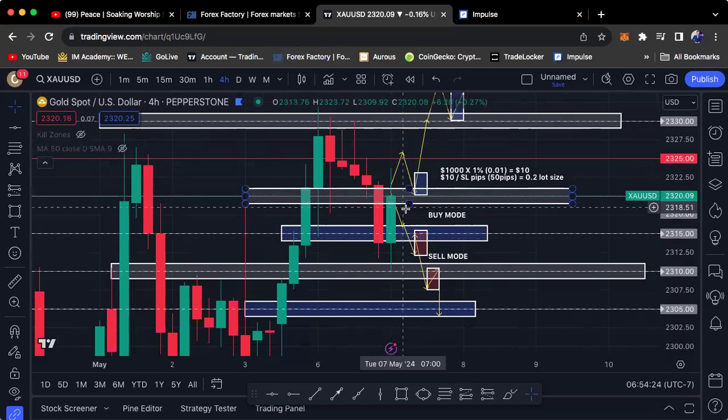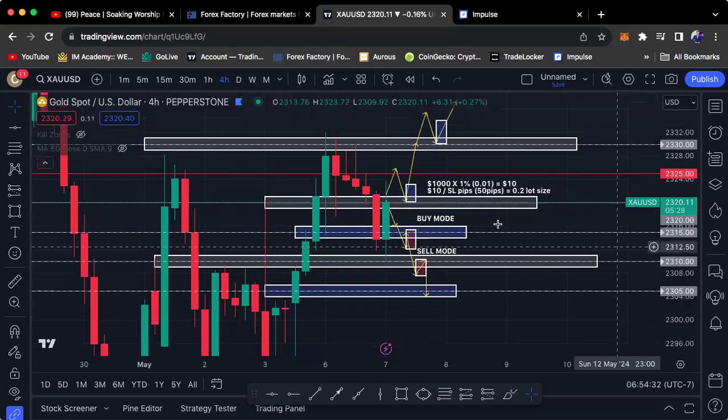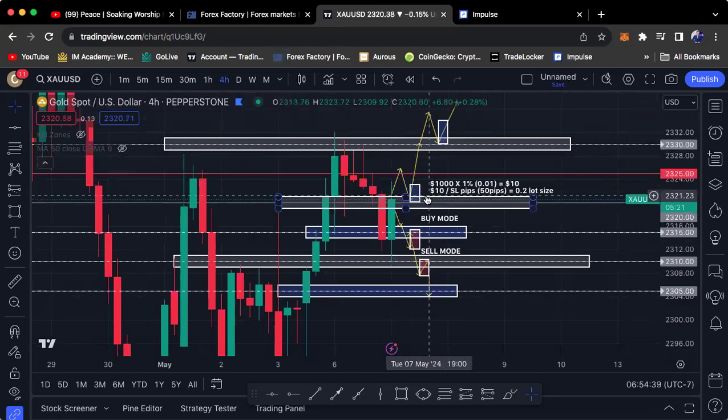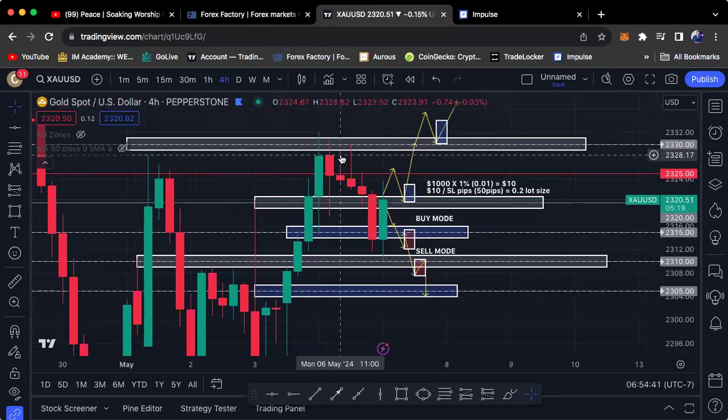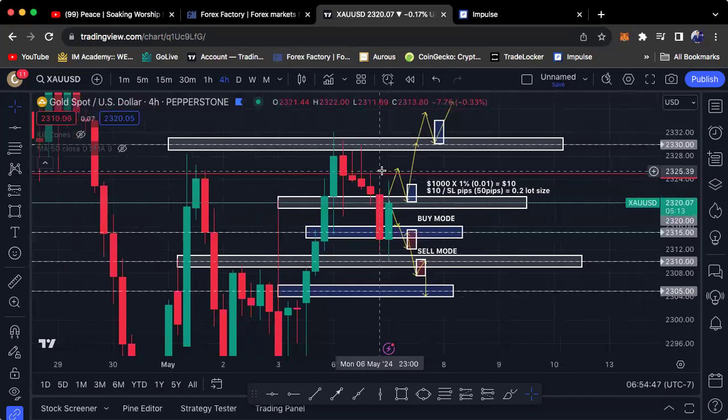If the next 4 hour closes bearish, then for sure it's going to trend down. But if it closes bullish above the zone, then it's going to continue towards the upside. So I like to look at the 4 hour as well to see where market is going to end up.